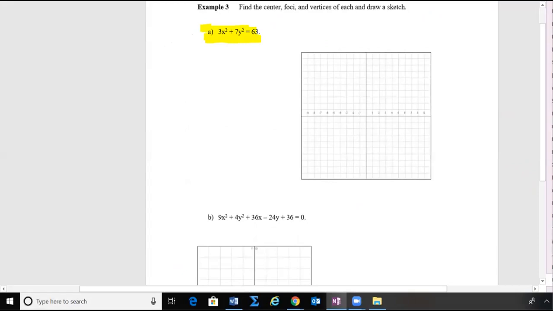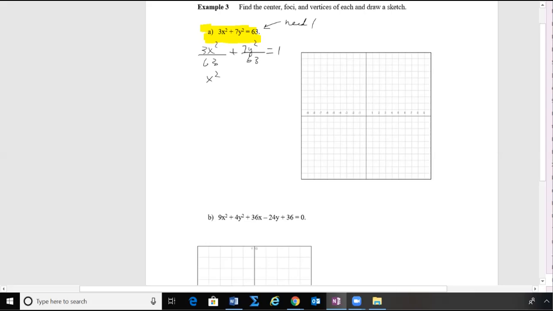So first of all, you put it in the standard form. That means we need a 1 over here. So we'll divide everything by 63 to get this set up here. So we'll get a 1 like that.